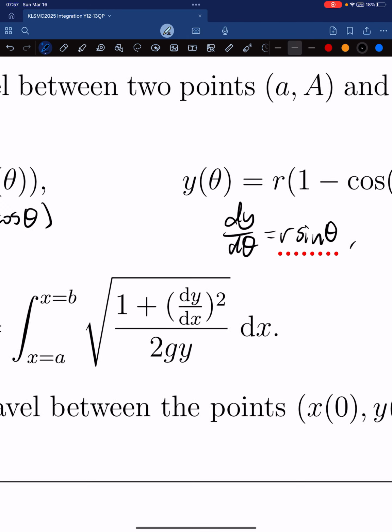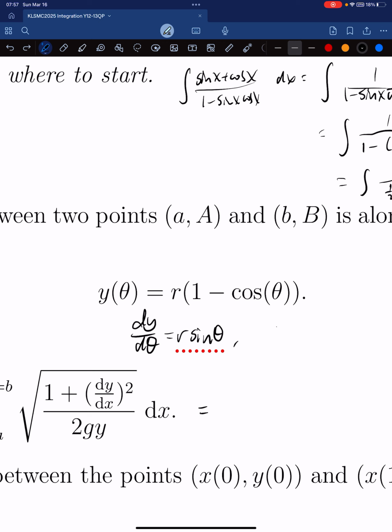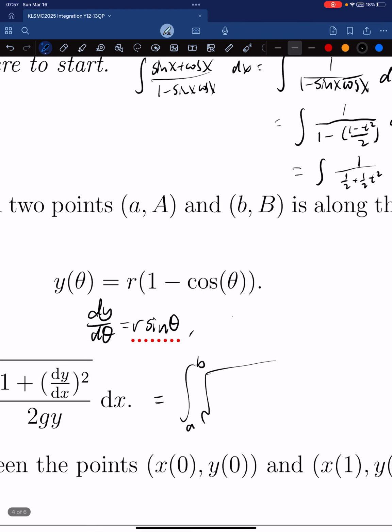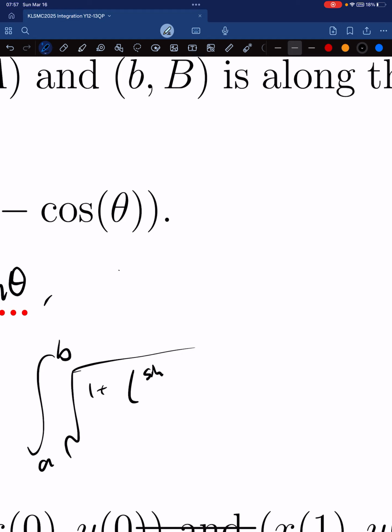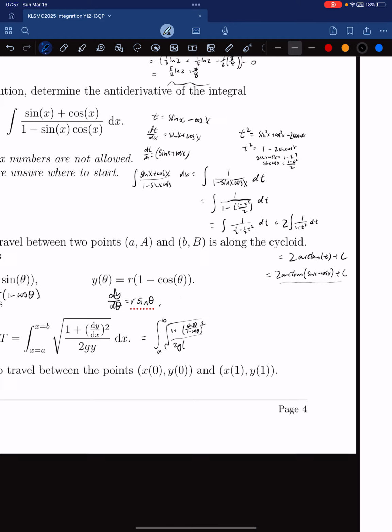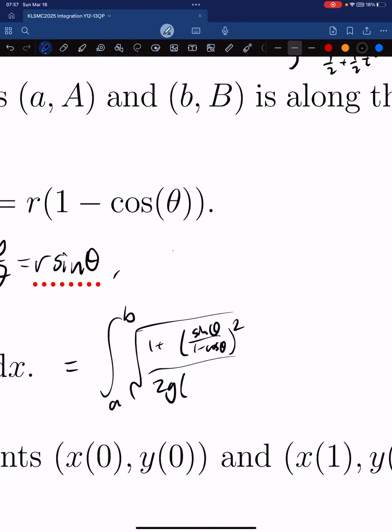And then you can substitute into this, so it equals the integration from a to b of the square root of 1 plus this whole thing squared over 2g.